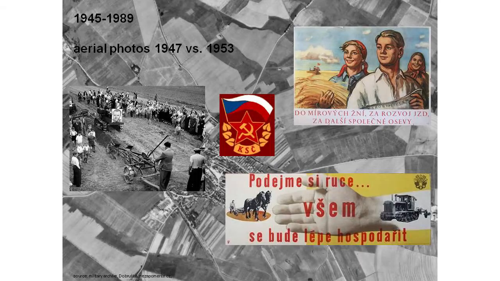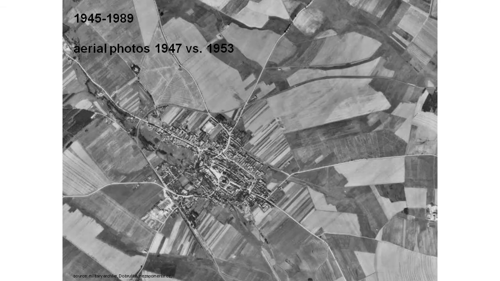After 1948, when the communist era began, our best friend, the Soviet Union, imported new ways of agriculture, collective farming. So this difference of 46 years caused a pretty dramatic change in landscape patterns, in the way the fields were farmed.